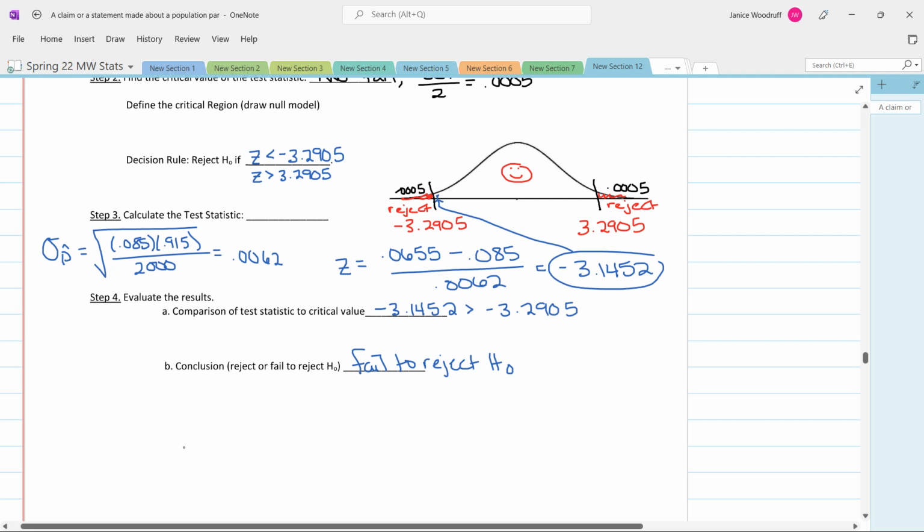And then the p-value for that one, since it's on the left side of 0, you would go normal CDF with a lower limit of negative 99, and then your upper limit, negative 3.1452.